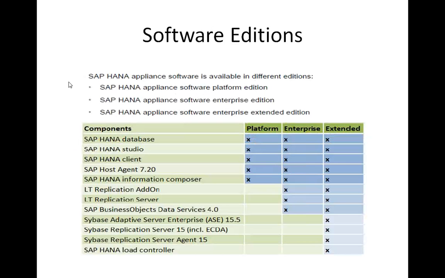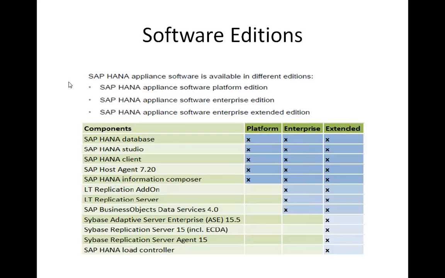We have 3 software editions depending on the customer and the licensing. You have the platform edition, which is core HANA software. Then this is for customers who are SAP customers and who also have the replication licenses for data services and SLT.